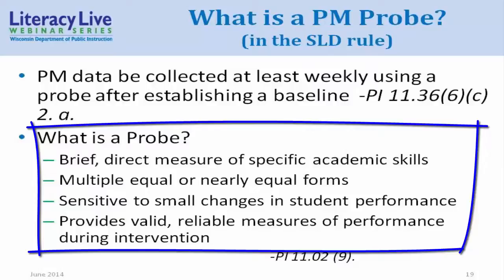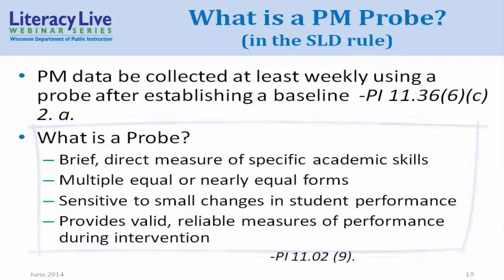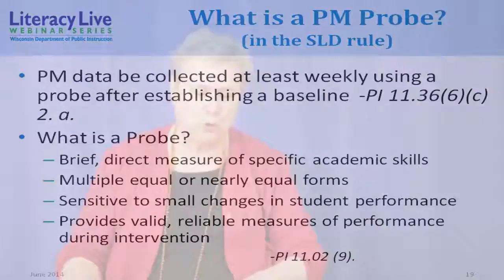And it's sensitive to small changes in student performance. It provides valid and reliable measures of performance during intervention. The data from probes are what the Individual Educational Programming Team, or IEP team, uses to decide if the student meets the insufficient progress criteria.